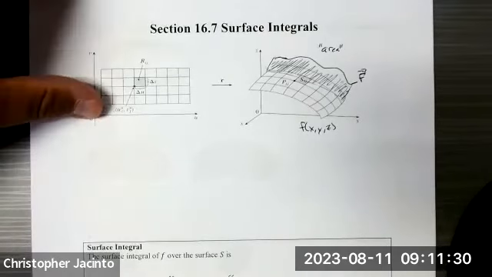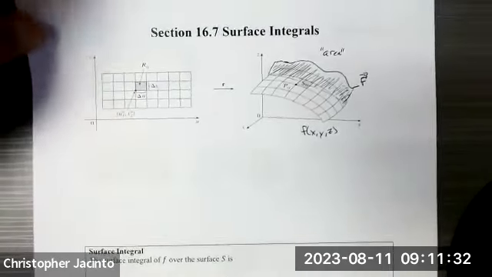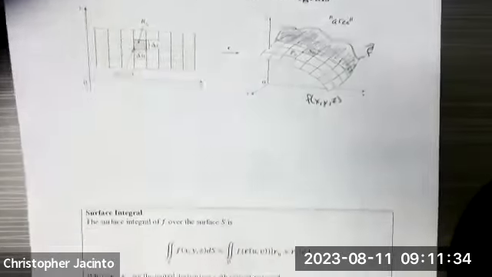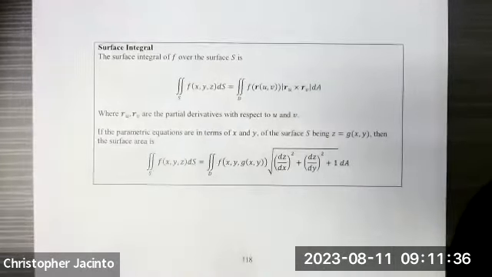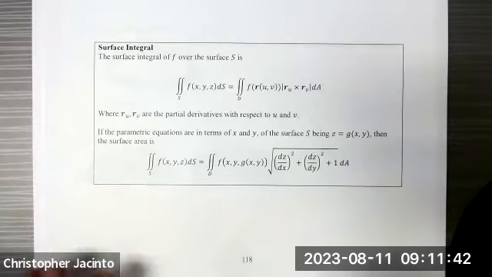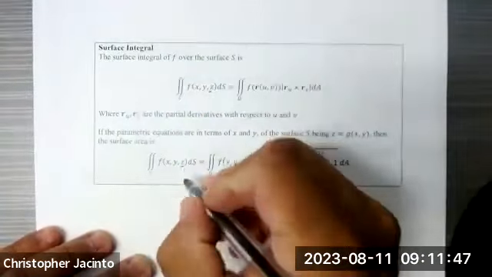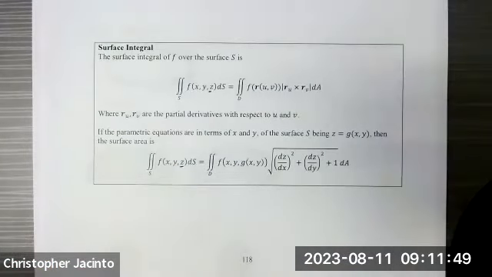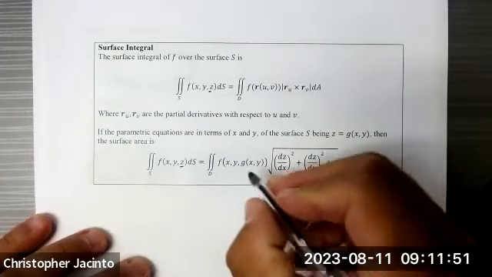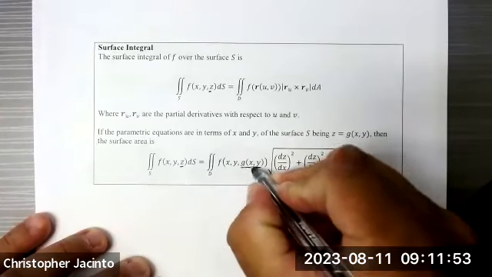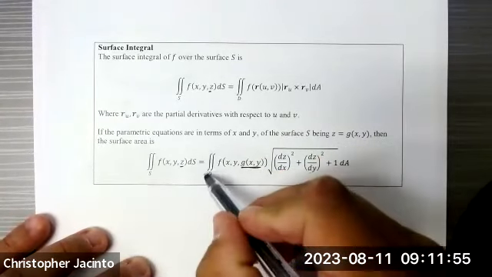Okay. Now, the good thing is, like I said, the surface area is a special case of it. So if you notice, these equations are pretty much identical with just one little tweak, right? The only tweak is last time we did not have z because we were only in 2 dimensions. This time, because it's 3 dimensions, we have x, y, and z, except we go from a 2-dimensional object, which is nice, right?